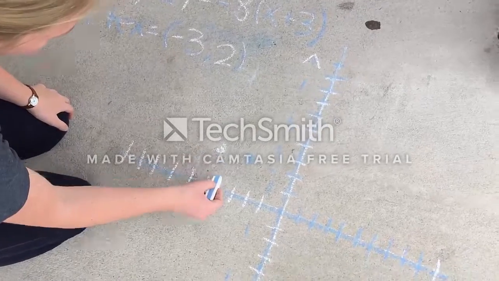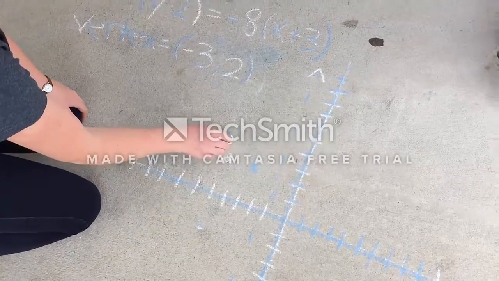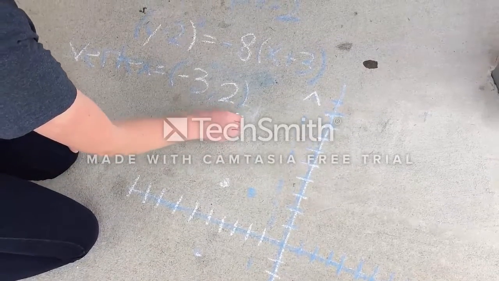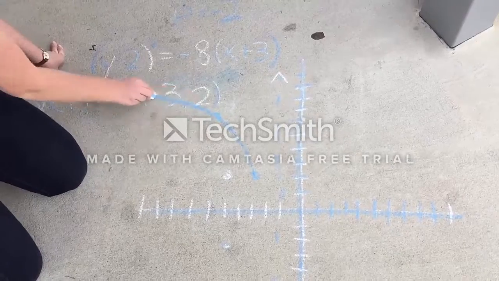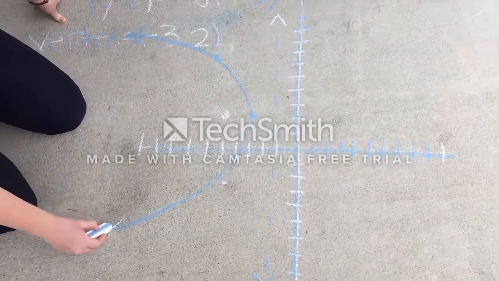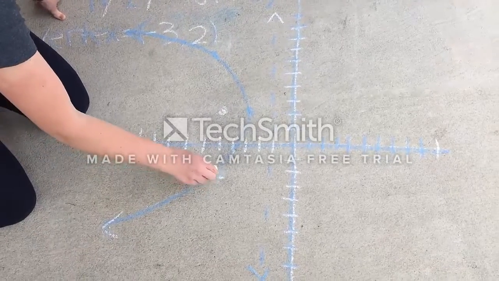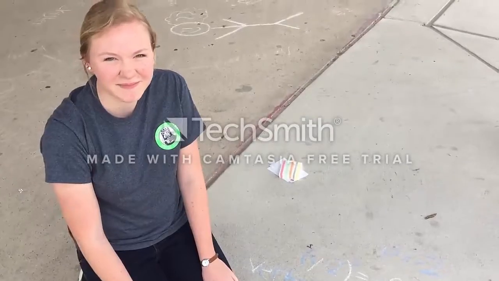So 1, 2, 1, 2. And then we're gonna graph it. Pretend that point is there. And that's how you graph a parabola in standard form.